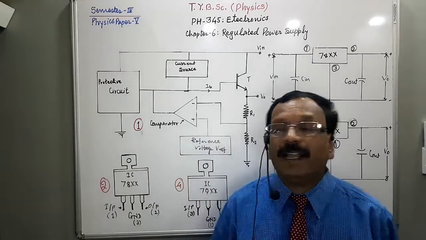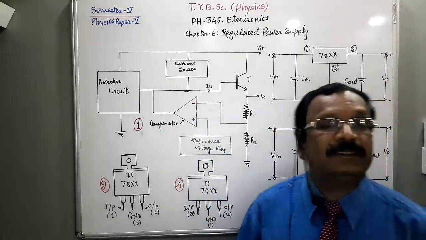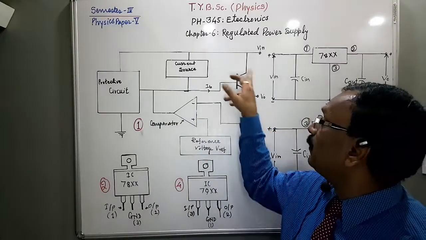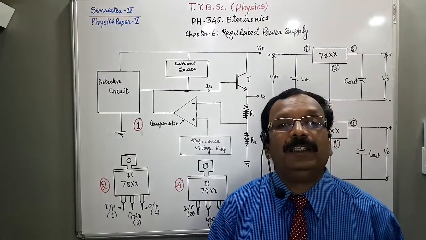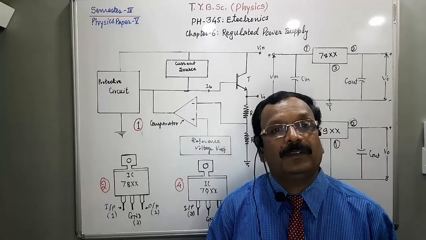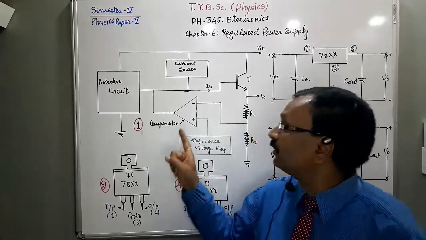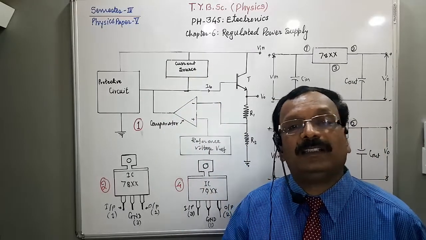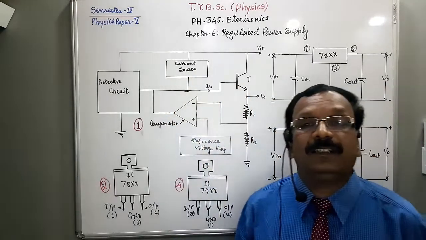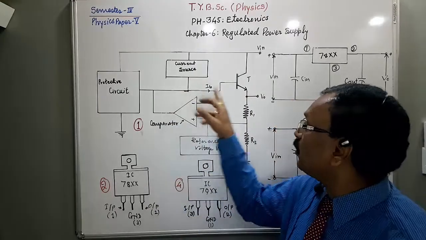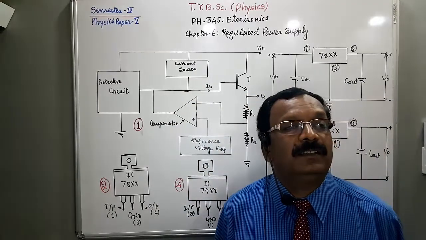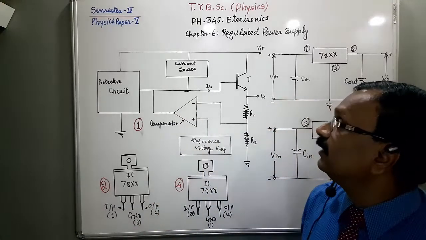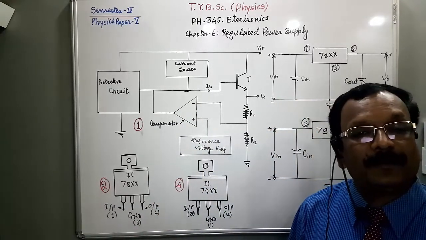While designing this circuit, the series pass transistor should be selected properly. The current source gives proper current to the base of the series pass transistor when required. In this way, this block diagram works.